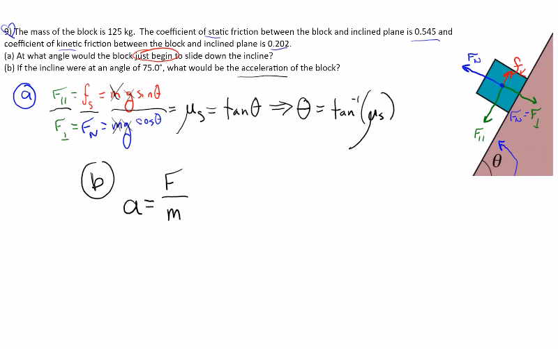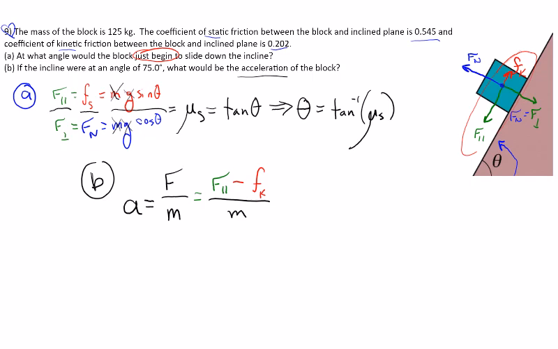So the net force would technically be the sum of these two forces, but since they're in opposite directions, we say the difference between them. We'd have F parallel acting down the incline, and kinetic friction acting up the incline. And then we would divide that by the mass of the object. Now all we have to do is calculate those.